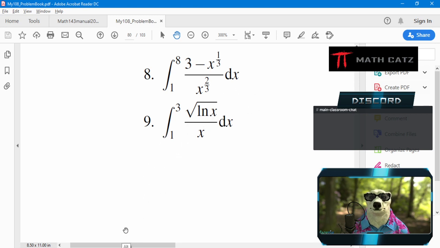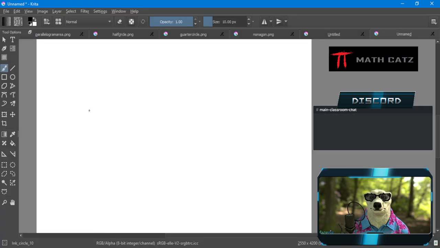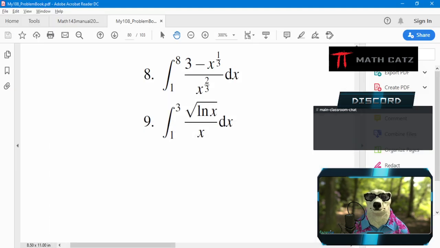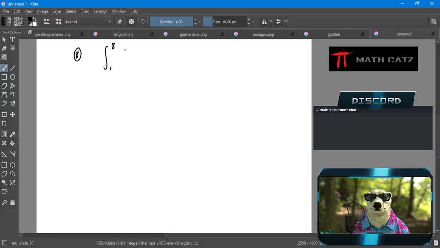So I have the integral in number 8, 1 to 8, of the numerator 3 minus x to the 1/3 over x to the 2/3.